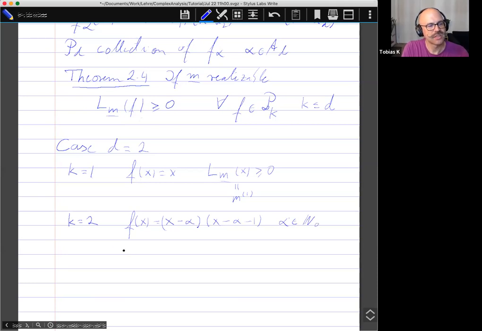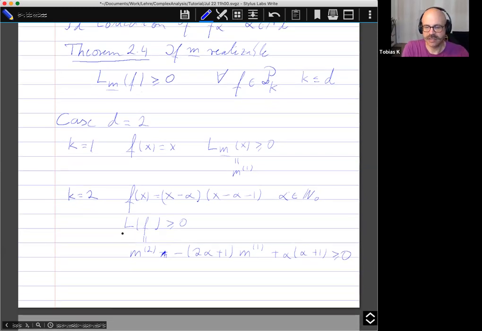The condition L of f greater or equal to 0 is the same, and you can easily compute that as saying that M2 minus 2 alpha plus 1 M1 plus alpha times alpha plus 1 is greater or equal to 0. The Yamada condition was a special one among them, somehow the best.